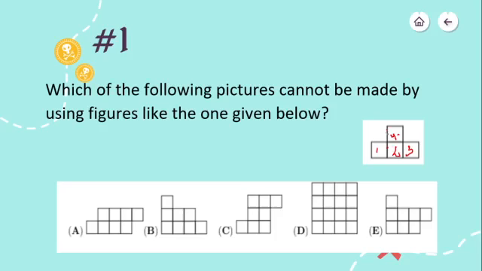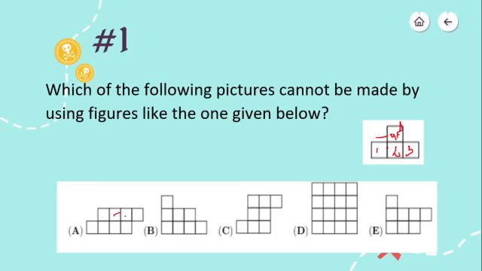These 4 squares are made in a way like 3 in the bottom and 1 in the top. Okay, now we move to here. Can we construct a square like this using this method? 3 in the bottom and 1 in the top.